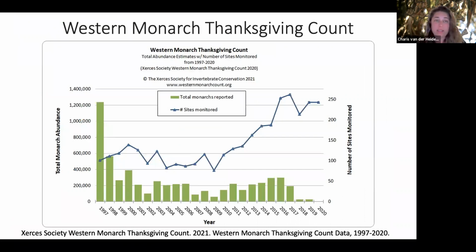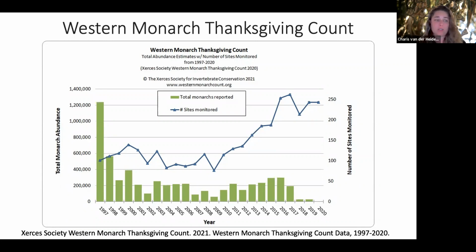So briefly about the Western Monarch Thanksgiving Count. This is a volunteer organization that started in 1997 when a group of monarch biologists noticed that the population of monarchs had started to decline, and they needed a standardized method to monitor the population.